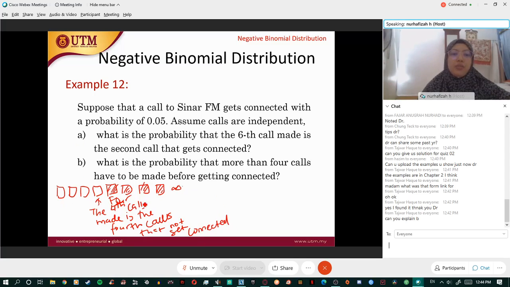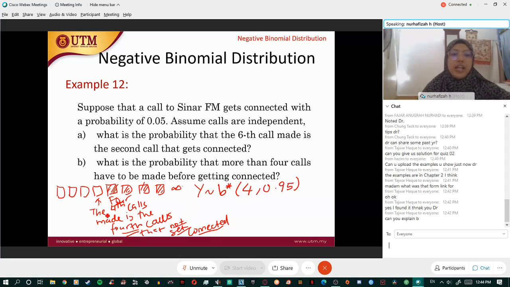So to find this probability, you have to use the negative binomial. Here we are going to use the probability of not getting connected. So r is 4, the 4th failure, and your probability of not getting connected is 1 minus 0.05, which is 0.95.